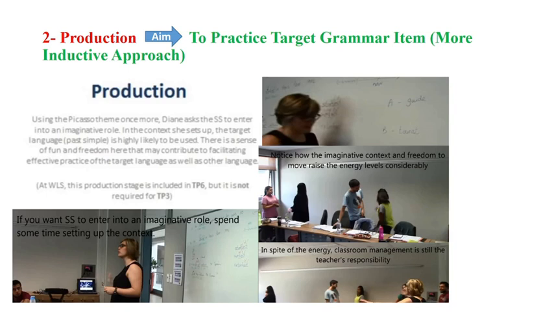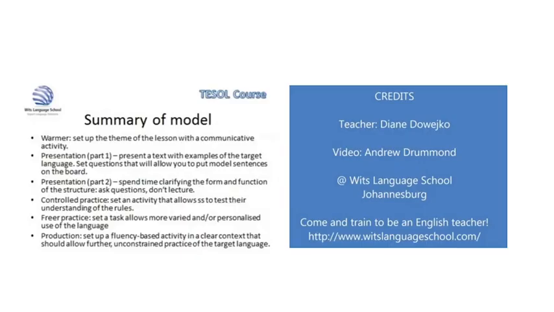In presentation part two, spend time clarifying the form and the function of the structure. Ask questions, don't lecture. In the controlled practice stage, set an activity that allows students to test their understanding of the rules.